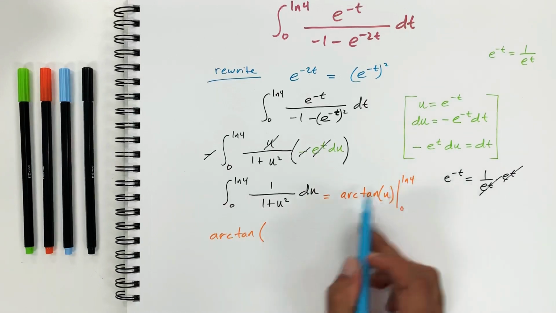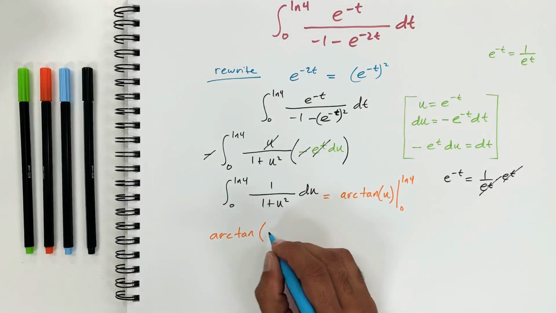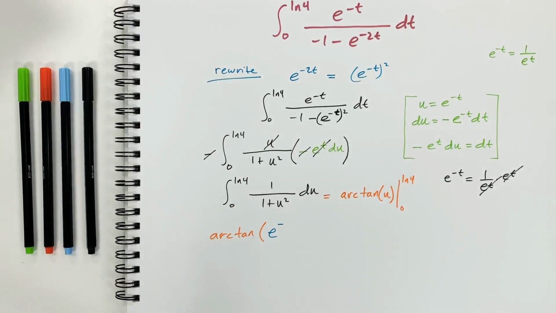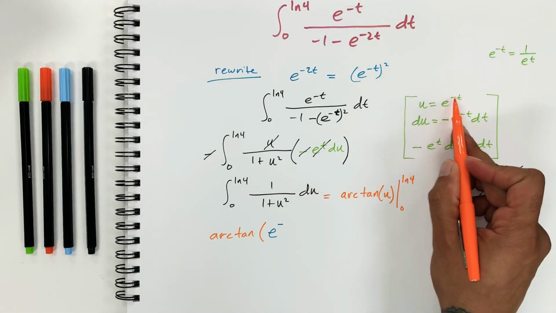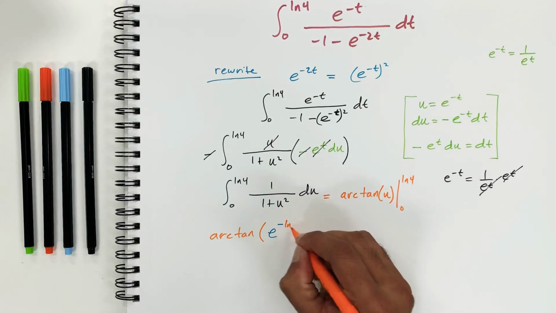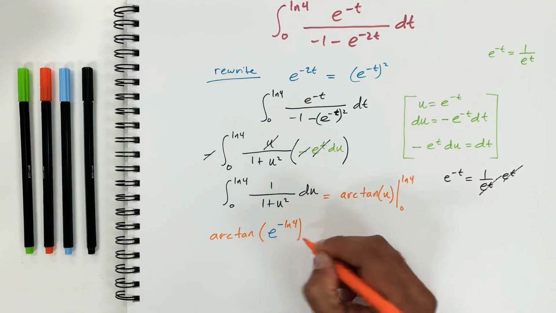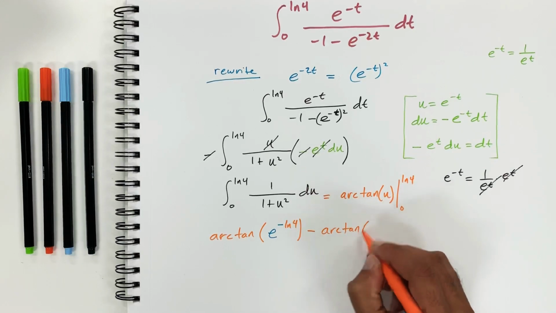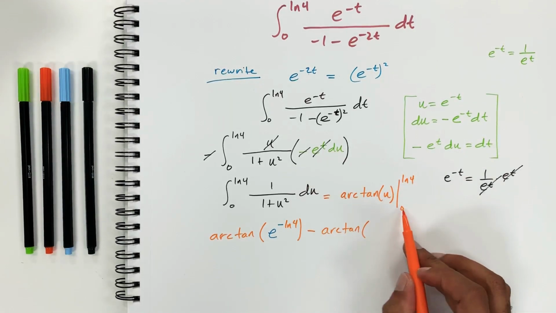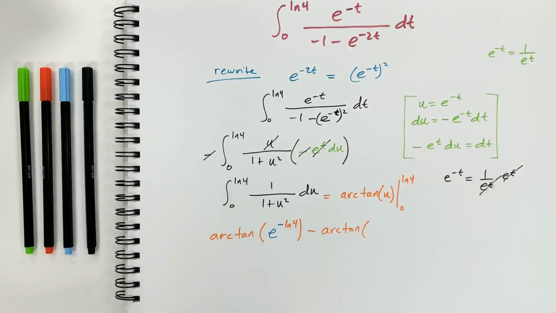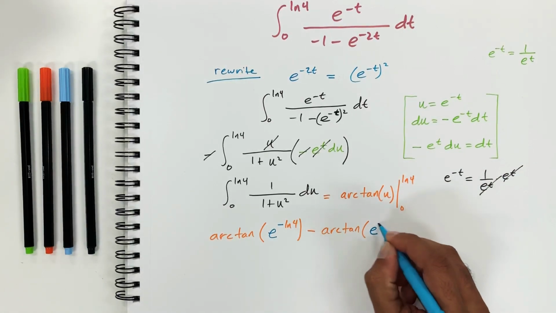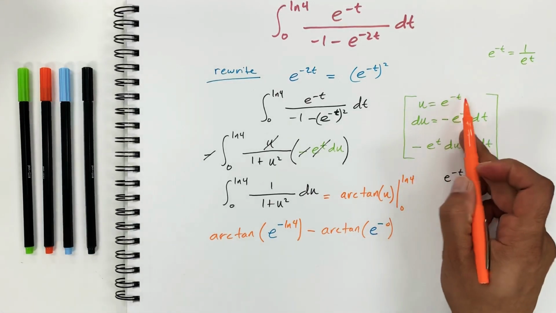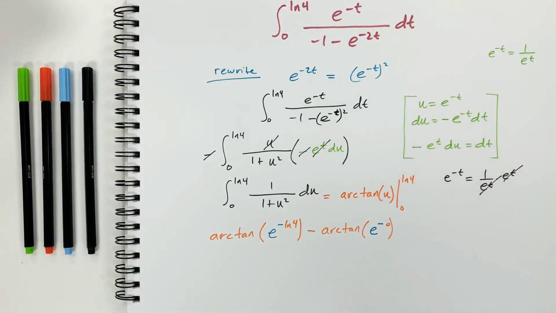So for the first one, which is our final, we have arctangent of e to the negative ln of 4, minus arctangent of e to the negative 0, since the 0 goes in here.